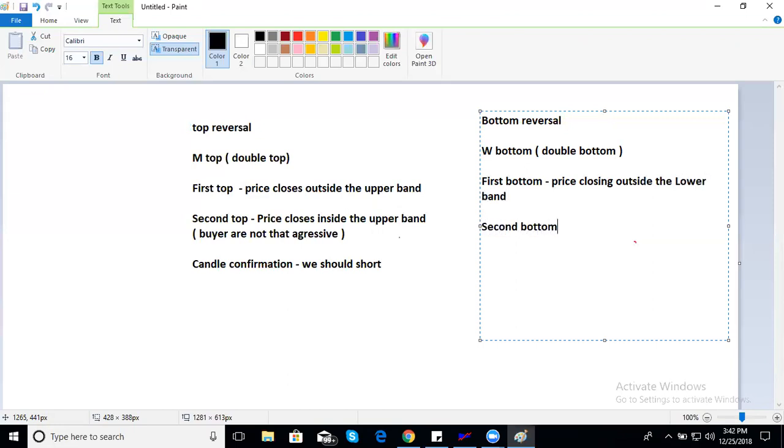Second bottom, you will see price closing inside the lower band, which says sellers are not that aggressive. Upon candle confirmation, if you know candle confirmations, bullish engulfing, piercing patterns, morning stars, Harami patterns, if you know any of those things, we should go long.